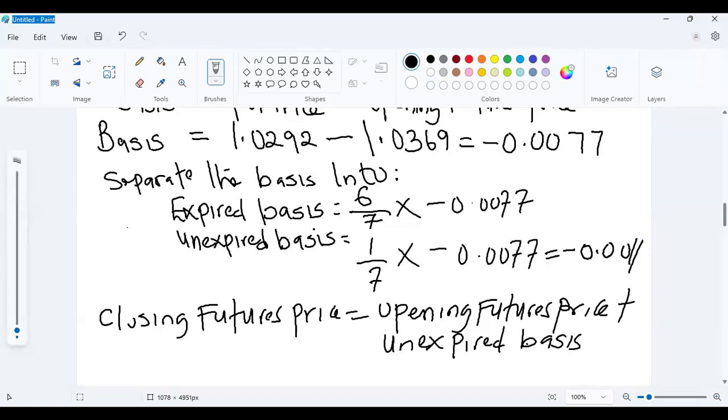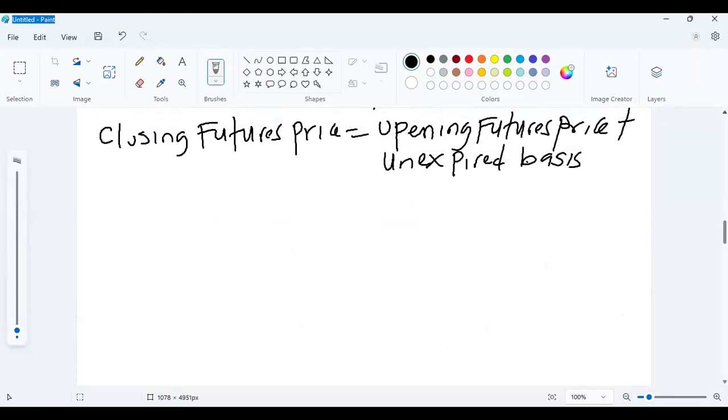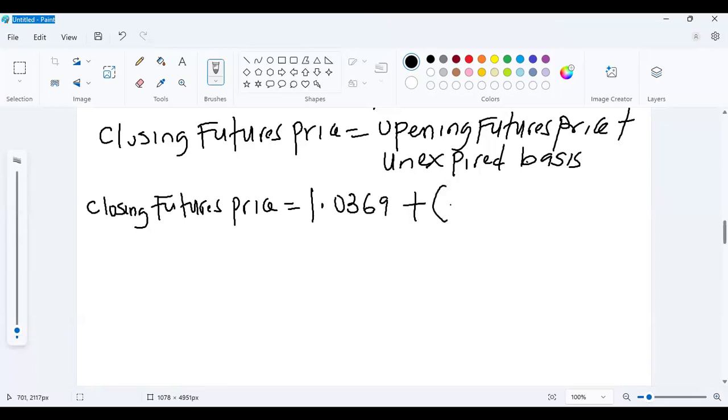So my closing futures price is equal to the opening futures price 1.0369 plus the bracket unexpired basis, minus 0.0011.